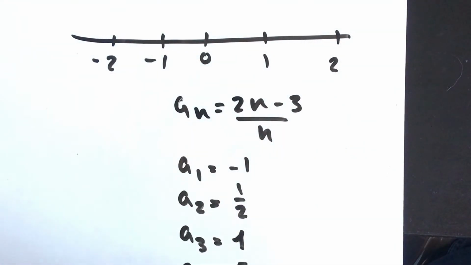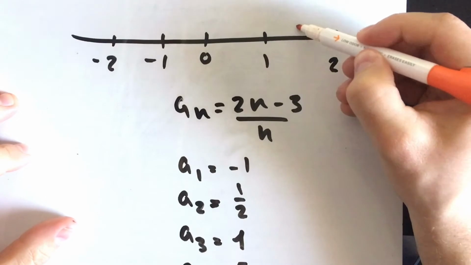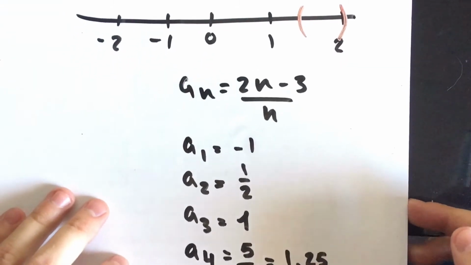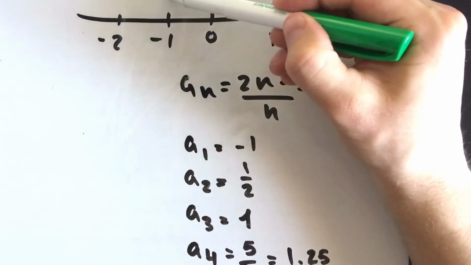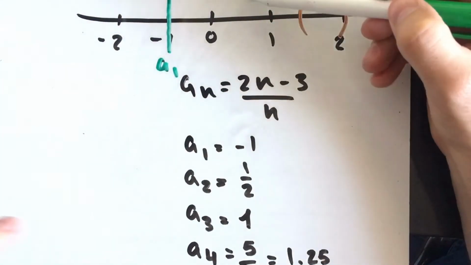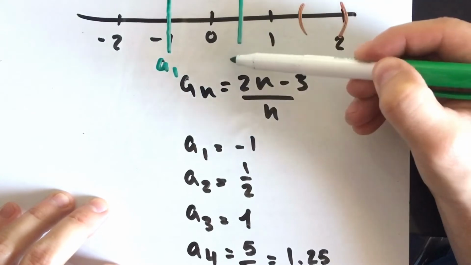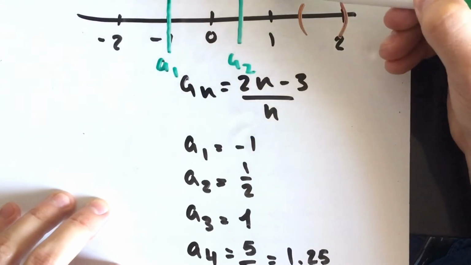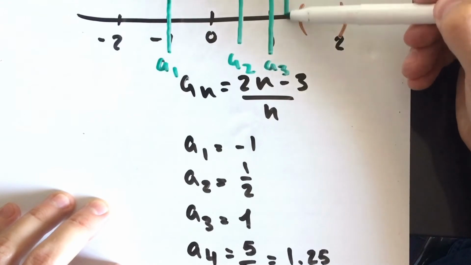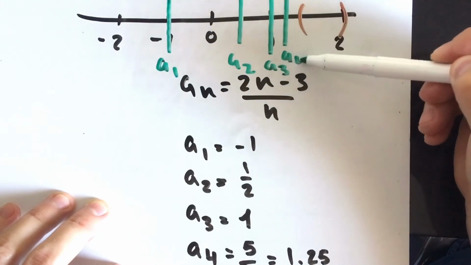And let's plug this into our interval. Our set A, recall, was 3/2 to 2. And if we start plotting the elements of the sequence a sub n, we'll find that a sub 1 is right here. A sub 2 is 1/2, so it'll be right here. A sub 3 is 1, and a sub 4 is roughly right here.